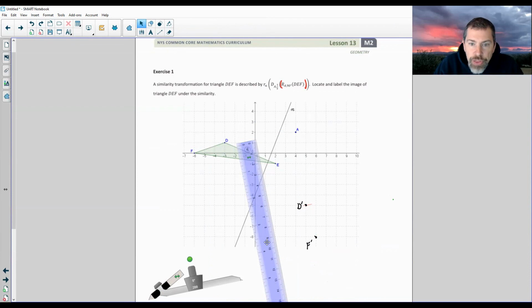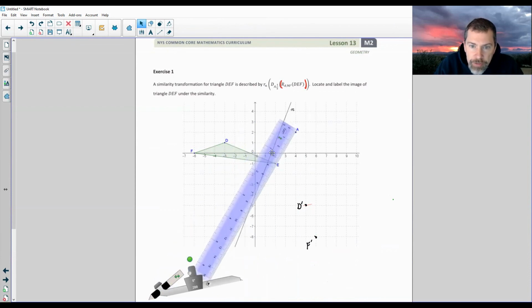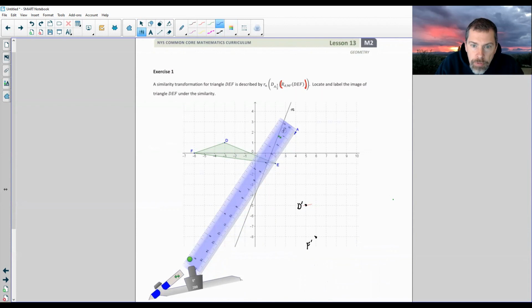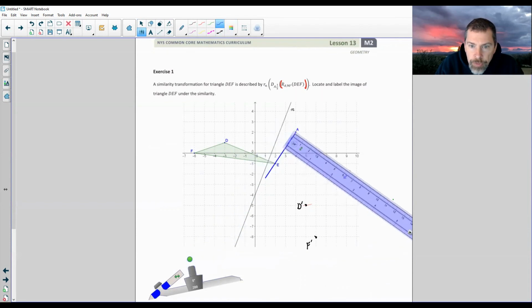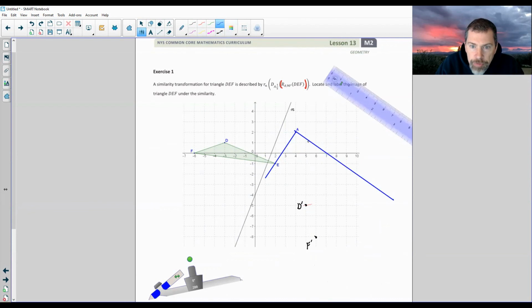Okay, so then I'm going to draw a right angle from A to E. This time I'll use blue. So here's AE. And then if I drew a right angle from A, it should go to this other dot I created with my protractor. Like so. So there's my right angle. This time I will be able to use my compass because E isn't further away than the length of the compass.